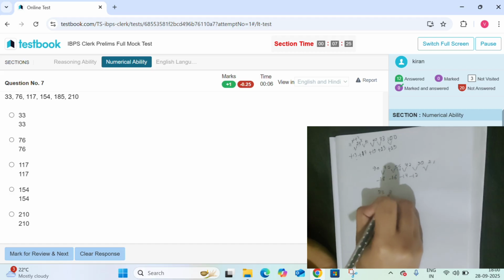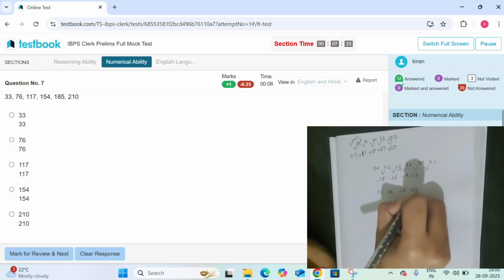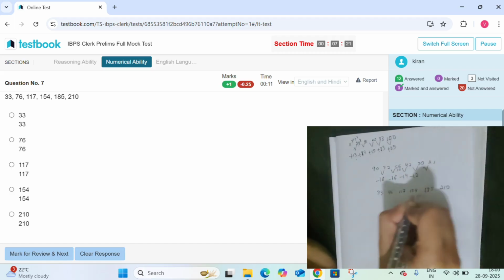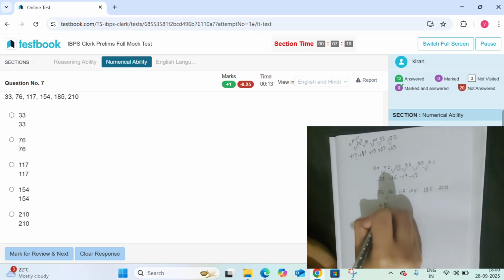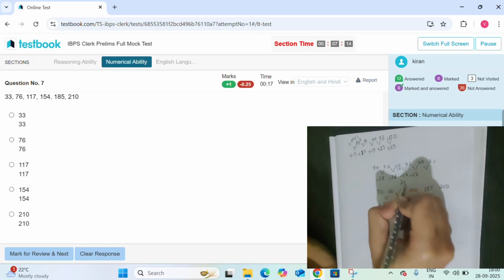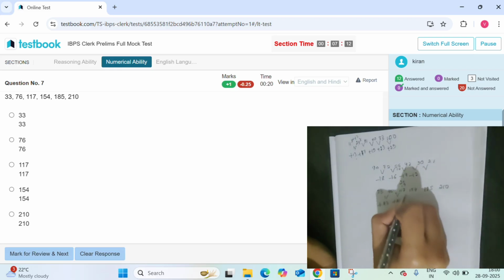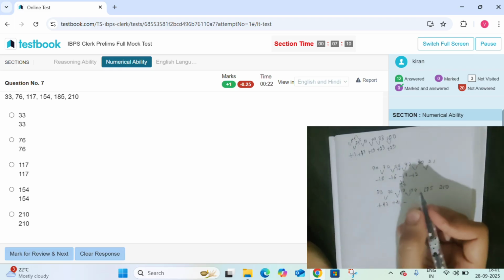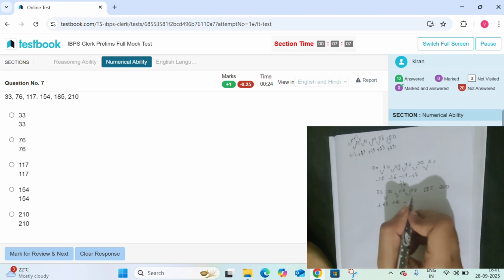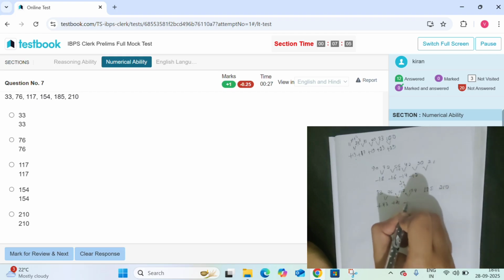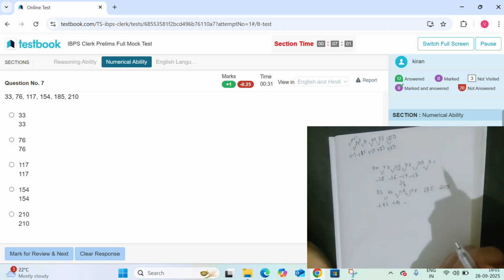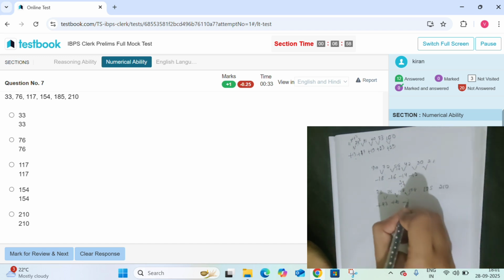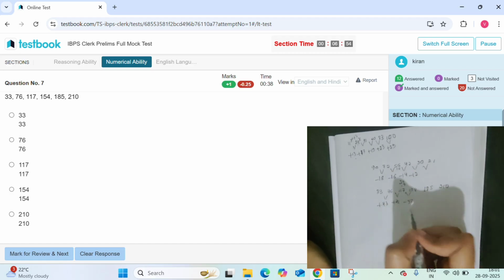33, 76, 117, 154, 185, 210, plus 33, 43. 43 plus 24 and 17, that is 30, 41, 41. Next 54, that means 16 plus 7, 16 plus 7, okay, not 16, 117, like 3, 7, 7, 2, 3, 37, that means prime number.